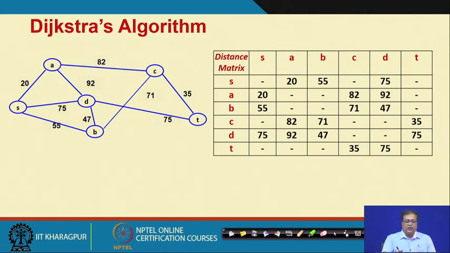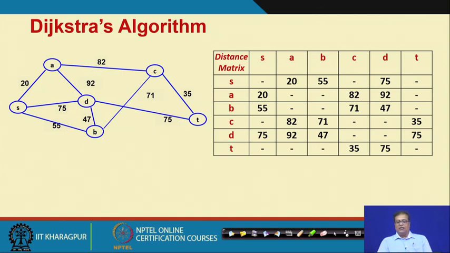Initially, sometimes you may not be given the graph, you may actually be given this distance matrix. So, this is one of the ways by which this graph can be represented. So, you write S, A, B, C, D, T on both sides and you put their distances.